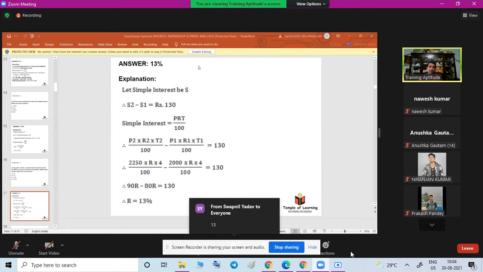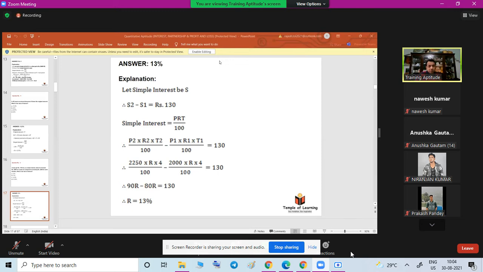Yes, Swapnil, you're absolutely correct. The difference between two parts is given to be 130.